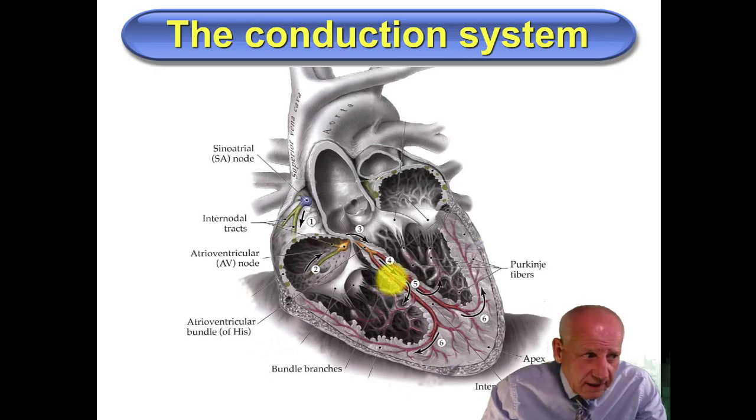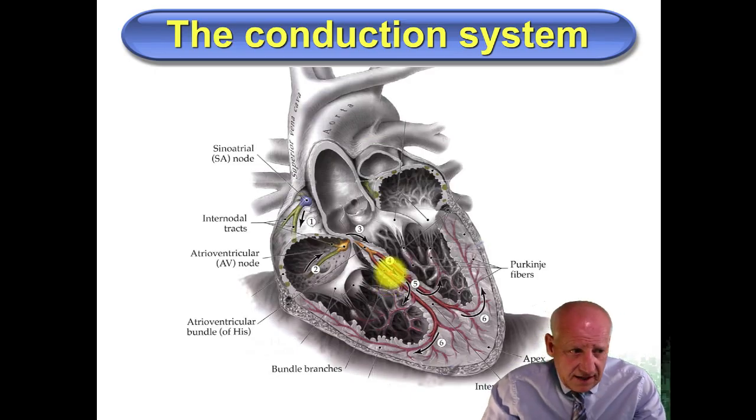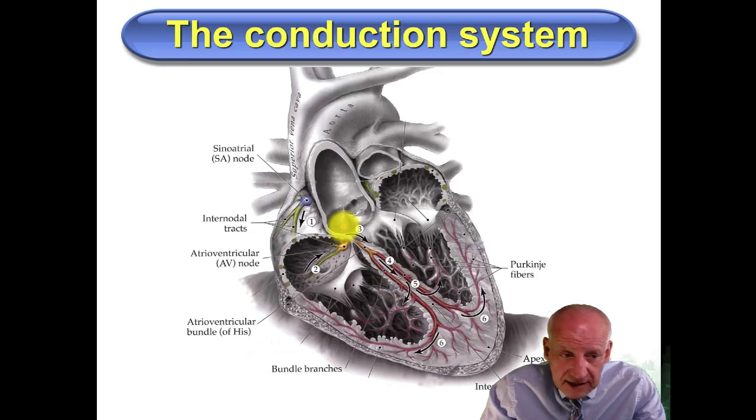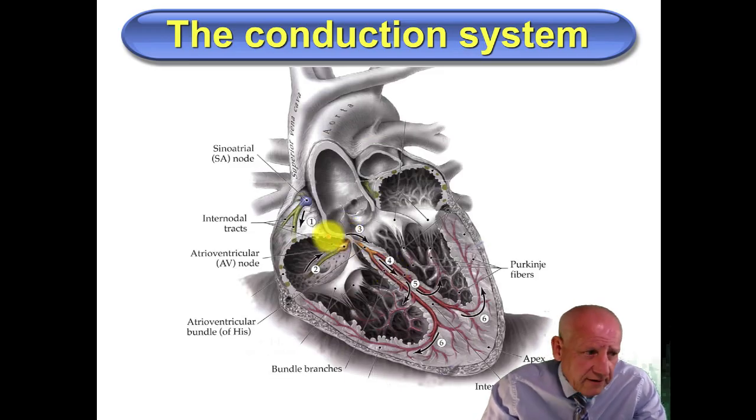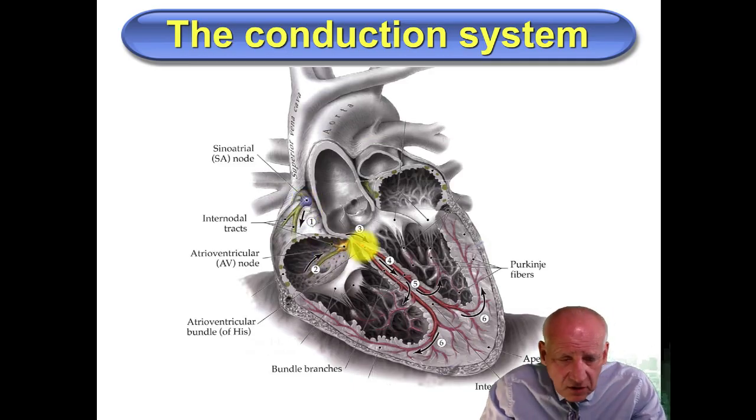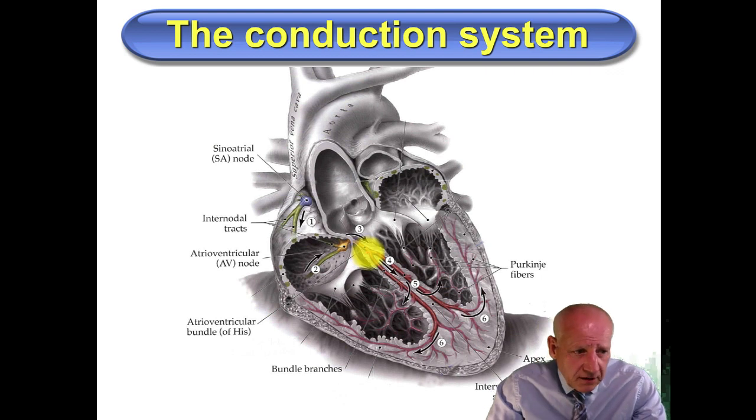The AV node can also function as a backup pacemaker if the SA node should fail, or if there is a conduction block between the SA node and the AV node. Next, the AV node passes the impulse onto a thick tract of Purkinje cells called the bundle of His, located at the top of the septum. And these fibers, remember, Purkinje fibers have an extremely rapid conduction velocity.